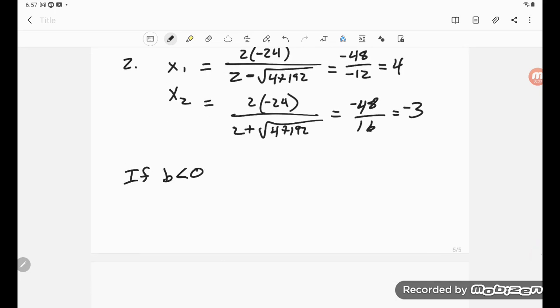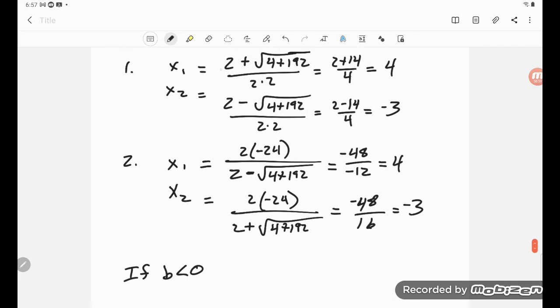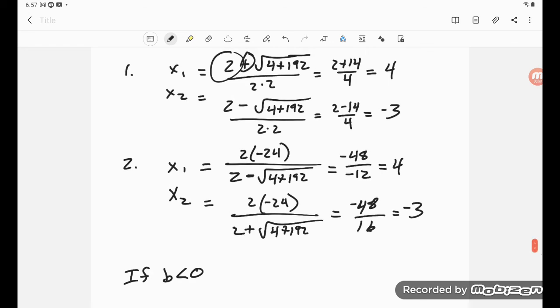if b is less than 0, what I'd like to do is, since that'll make that number positive, and we'll do a plus here, so I'm adding two numbers. I'm not finding the difference of two numbers. Adding two numbers that are really usually, as best as we can do, relatively close in size.